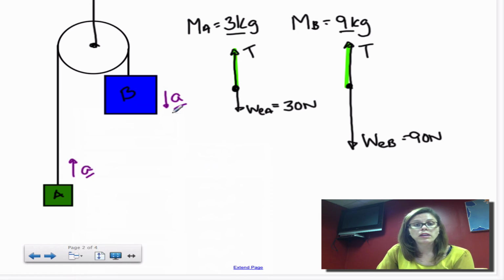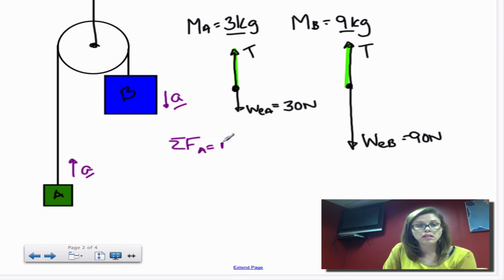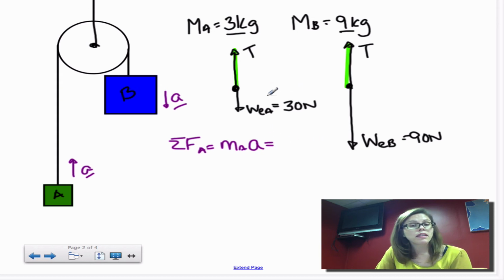Next thing we do is write our F-net equations. So the sum of the forces for A is equal to mass of A times the acceleration equals, then we think, which way is the acceleration? For block A, the acceleration is up.